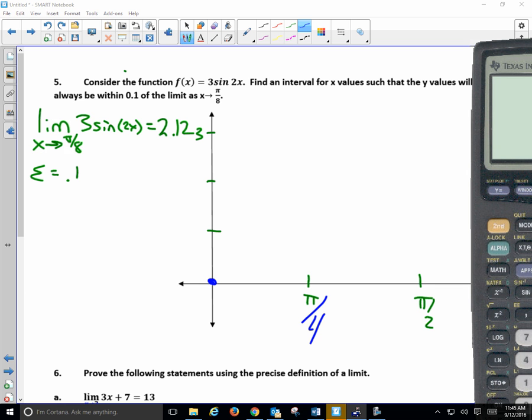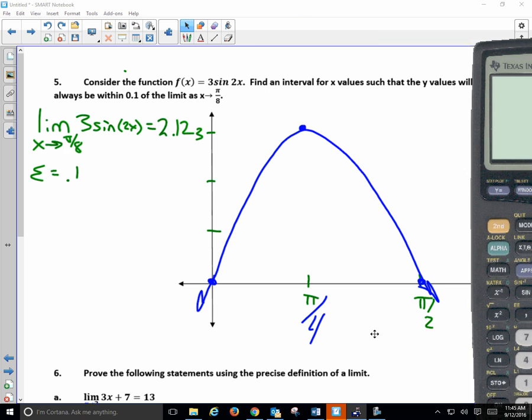It's going to head up. So that's the first half portion of the graph of 3 sine of 2x, okay? All right, and then we'll mark this as pi over 8. I haven't done a great job graphing, but it's okay. We'll call that 2.12.